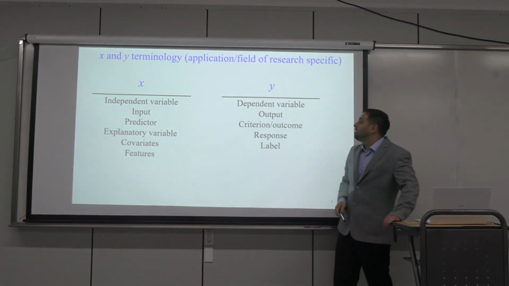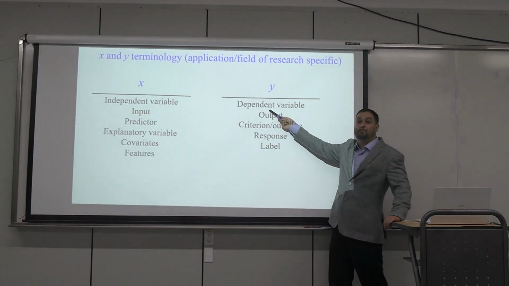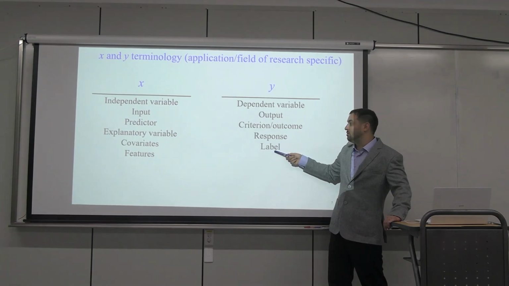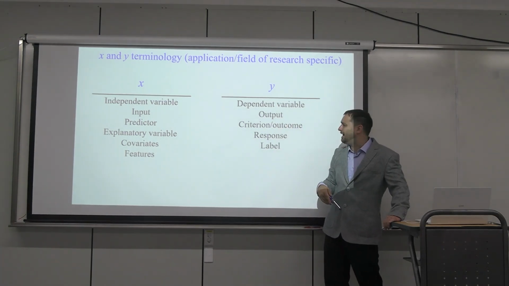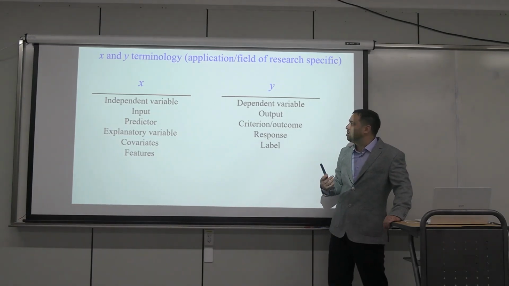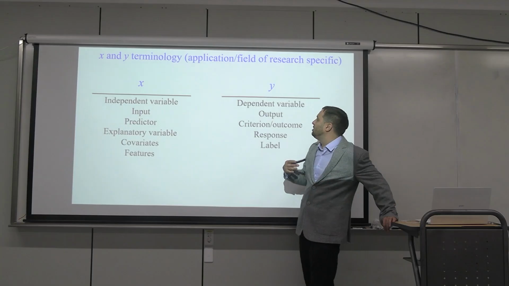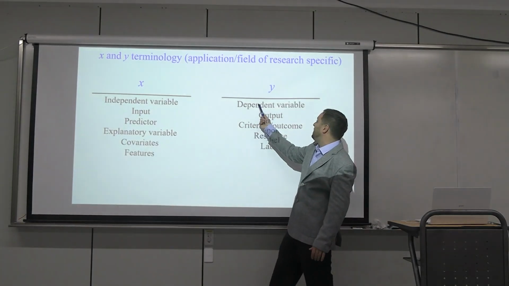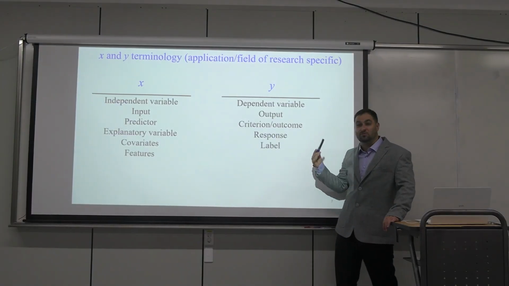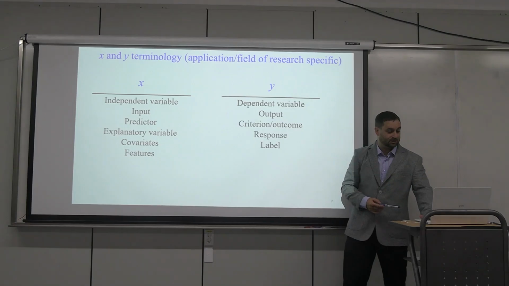Our Y is usually referred to as the dependent variable or the output or the criterion or outcome, the response or label. And there's probably also other terminology to refer to X and Y. Generally in this course, we will use independent and dependent variable and input and output. But depending on what field of research you're in, they are sometimes called different things in different applications.